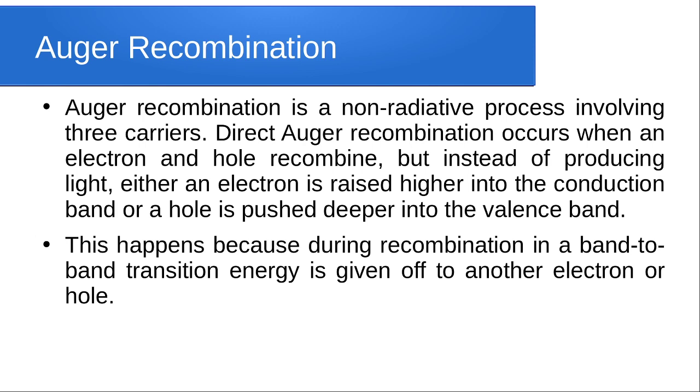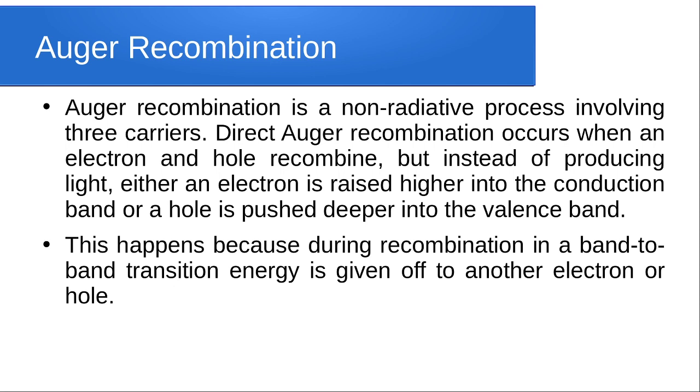Here, this is a non-radiative process. Earlier recombinations, the direct and indirect recombination, were radiative processes, because in the case of direct recombination, light energy was radiating out. In the case of indirect recombination, heat was dissipated.